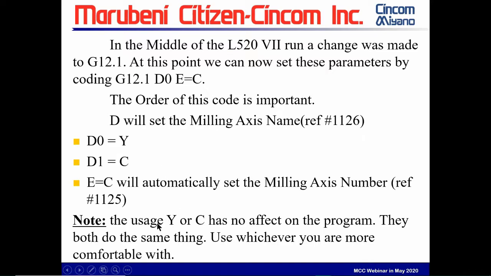One note, the usage of the Y and C, which you've been hearing me talk about, has no effect on the program. They both do the same thing. You use what you are more comfortable with. One reason you have a choice, the A20 with the milling interpolation has to use C. It cannot use Y. So if a shop has A20 machines and L machines, they may prefer to use C's because it covers all their machines and they don't have to think about one doing it with Y and the other doing it with C. So it gives you a choice.